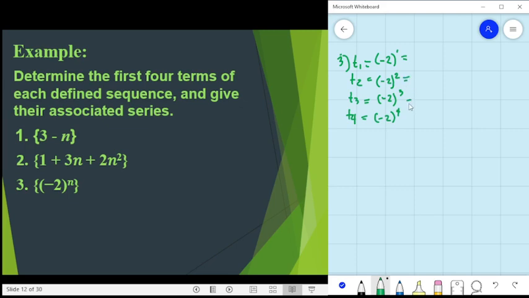Simplifying, we now have negative 2, positive 4, then negative 8, and 16.